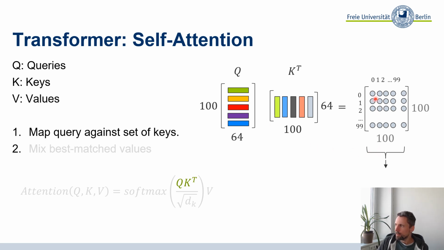In a way, you may remember from one of those first lectures that the dot product is a similarity measure.